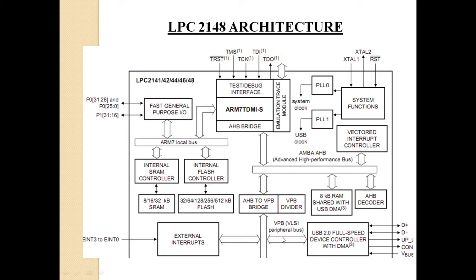Why is it connected like that? What is the speciality of AHB and VPB? AHB is a high performance bus, which means it operates at a higher speed compared to the VLSI peripheral bus. For example, in your laptop you have a processor and a hard disk. The processor always operates at high speed, and the hard disk at low speed.